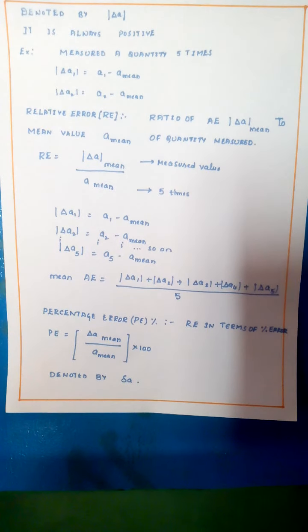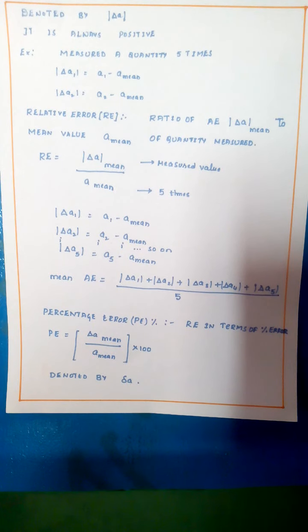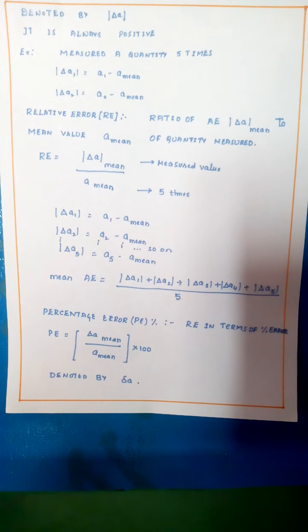Then relative error. Relative error is the ratio of absolute error to the mean value of the quantity measured. Absolute error is denoted with delta A, so relative error is delta A mean divided by A mean.